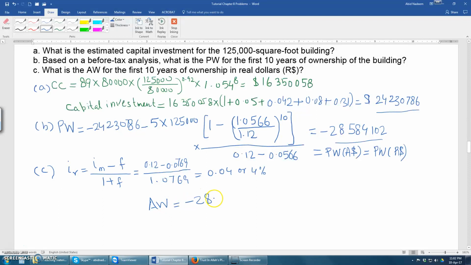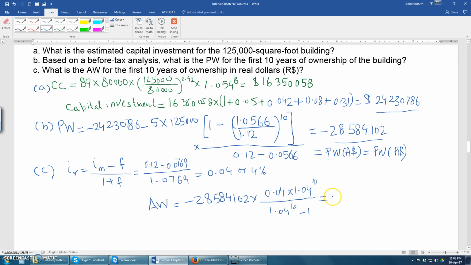Using the appropriate equation, A over P for this purpose, or in equation format it will be equal to 0.04 into 1.04 to the power 10, divided by 1.04 to the power 10 minus 1.